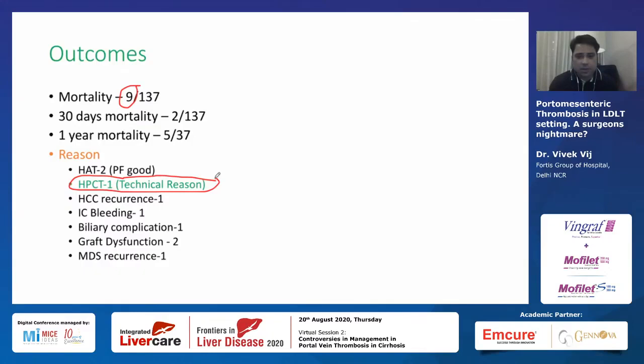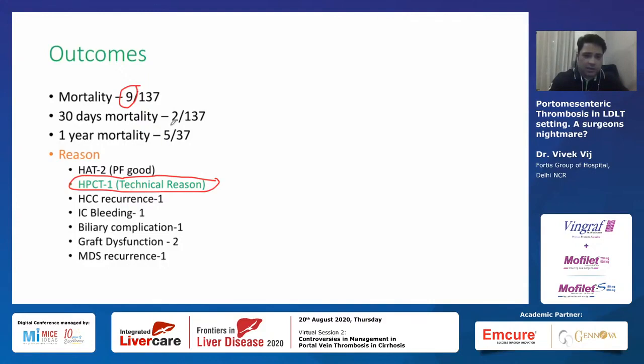Because of, I would say, our mistake, there was a lot of bleeding during the surgery, which we somehow controlled, and later on portal flow was resumed. But cavoportal was done as a kind of backup option, because in the post-operative period the portal flow went on decreasing and we resorted to cavoportal anastomosis, and that patient died on the 35th day after transplantation. Of the rest, none of the patients died of technical complications as such.